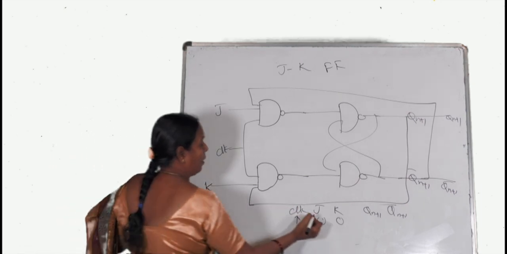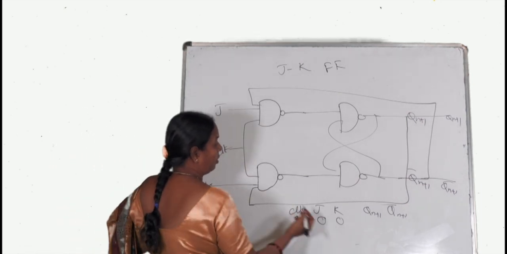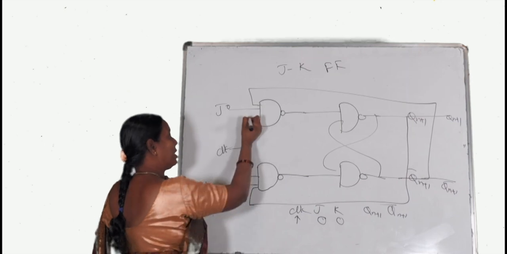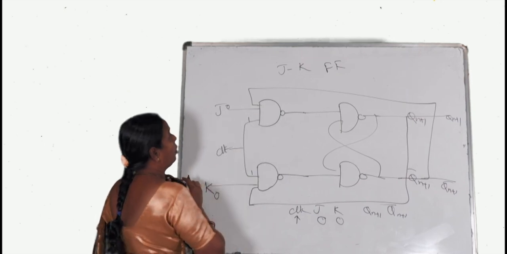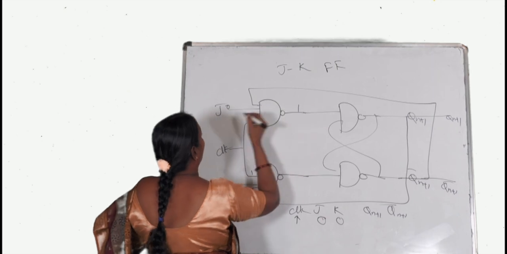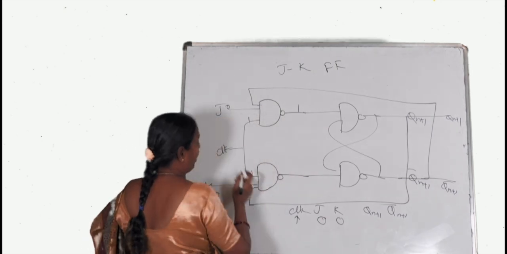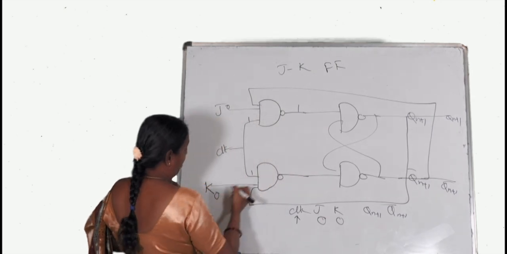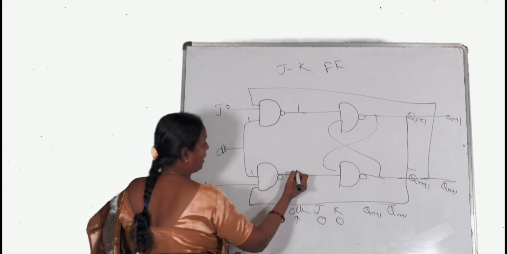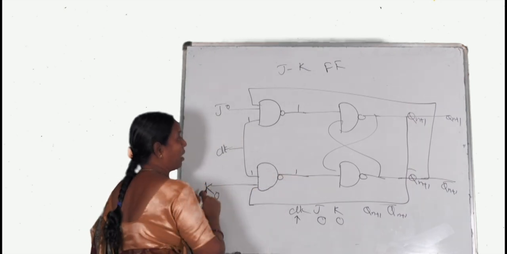When 0 0 we have taken, consider now 0 0 and clock is high, means 1 1. So irrespective of this, this will be 1 as the input is 0, and when you observe, this is also 0 1, as one of the inputs is 0, output is 1 irrespective of other inputs.